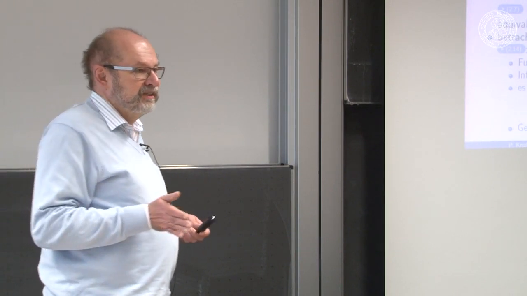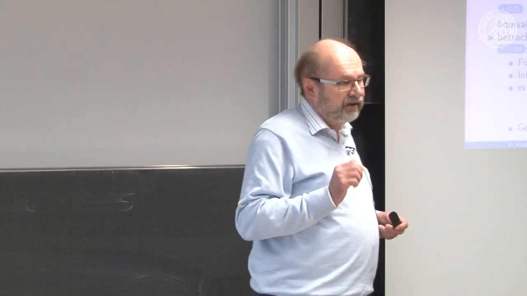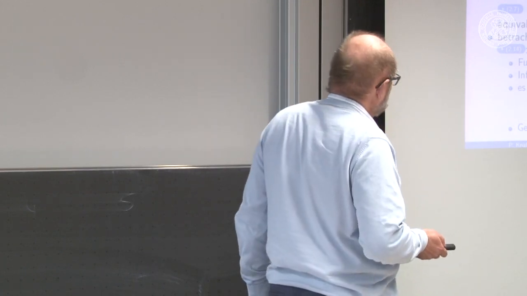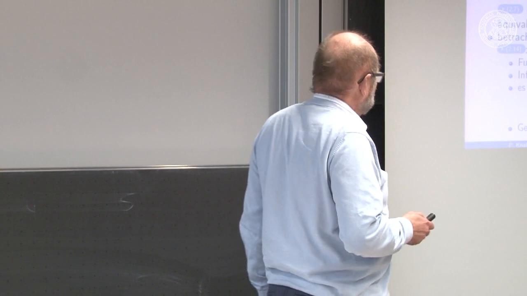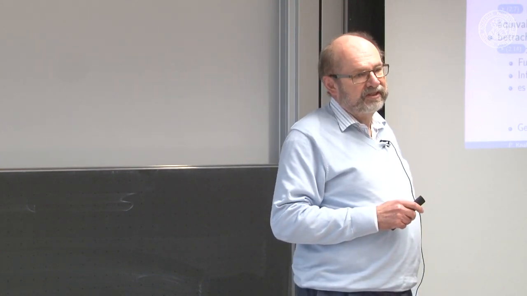If our basic space is complete, as it is with the H1 of omega space, as it is in general with the Sobolev spaces, then we can continue and say, okay, this Cauchy sequence has a limit. We call this limit v. The functional capital V is continuous.